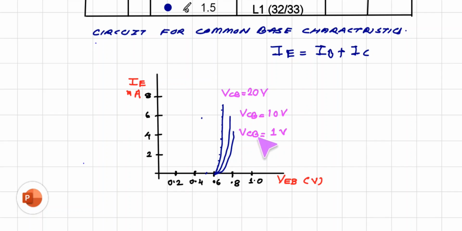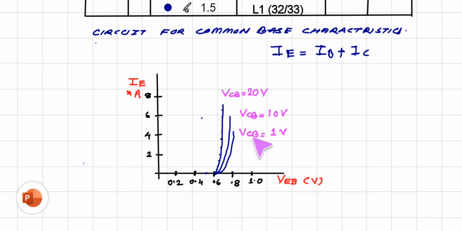Here VCB is equal to 1 volt, here VCB is equal to 10 volt, and what we observe is the same case: up to knee voltage there is no emitter current flow, but after that it rapidly increases. Similarly when it is 20 volt.